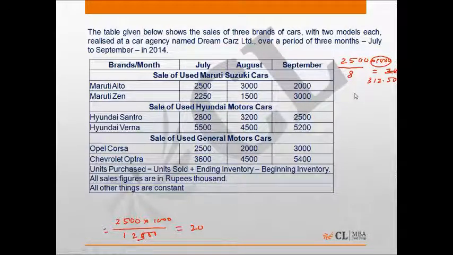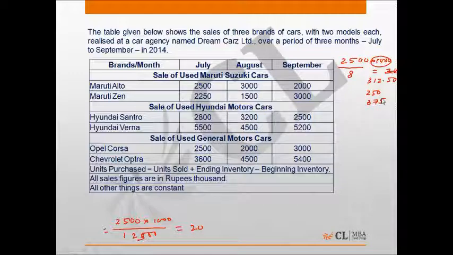Similarly, we can calculate the price of Opel Corsa in the month of August and September, and these figures come out as 250 in 1000 and 375 in 1000.